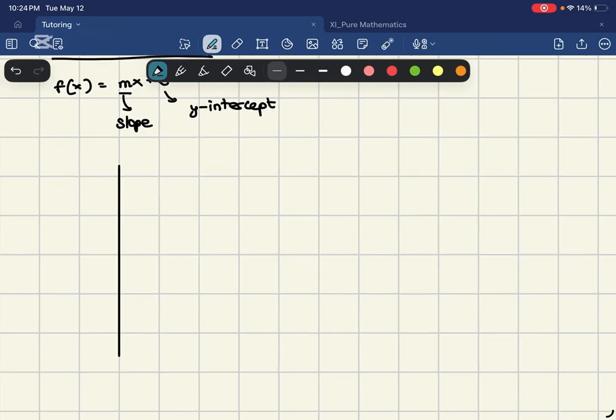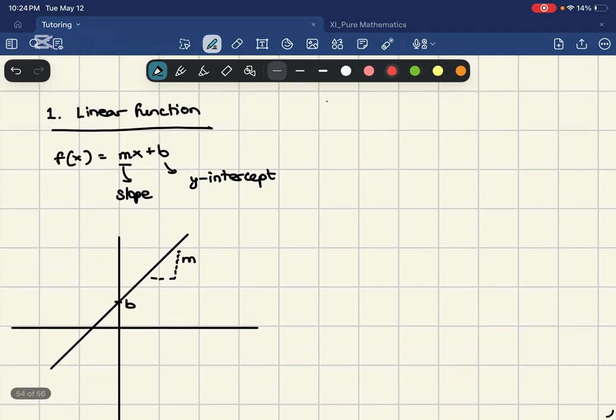Basically, you can try drawing the graph. Because we don't know m and b, I've just kept it as very random. So let's just say it looks something like this, right? This is b, and the gradient is your m. The domain for this function is that x can be any real value. So any x is okay, any real number.